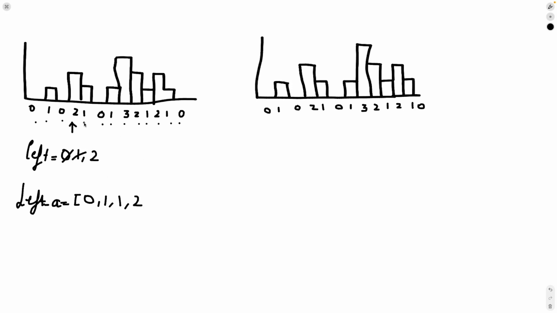Now let's move to this point. It's 1, and 2 is greater than 1, so left continues to be 2. Moving to the next point, again 2 is greater than 0, so it's going to be 2. Now moving on to this point, 2 is greater than 1, so again I'll store it as 2.